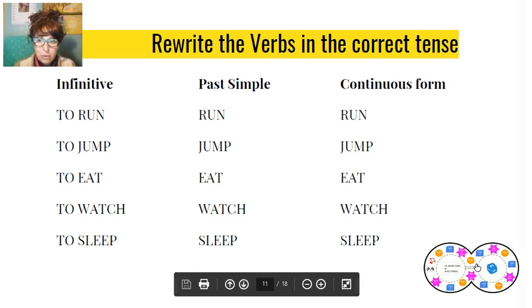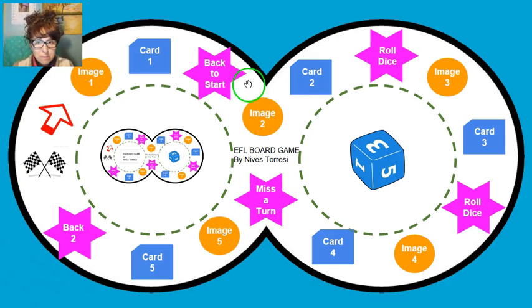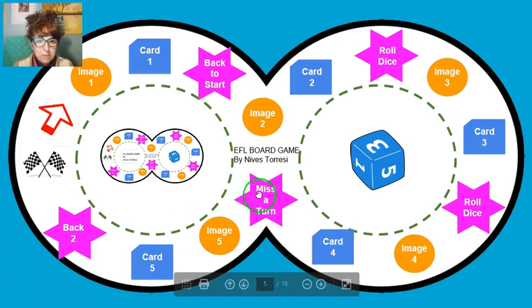Okay, let's go back, clicking on the logo, and it takes us back here. Obviously, if you land on the stars, it says miss a turn, or back to the start, or roll the dice, or whatever. You obviously have to follow it. They don't click anywhere because that just tells you what happens.